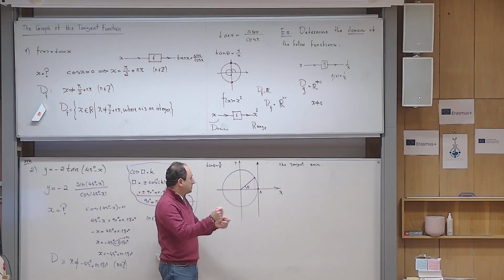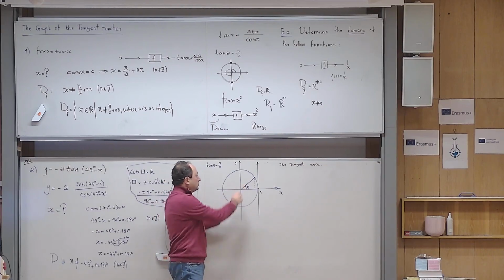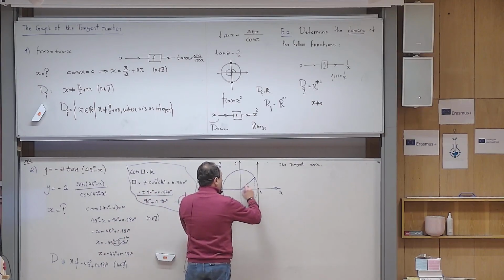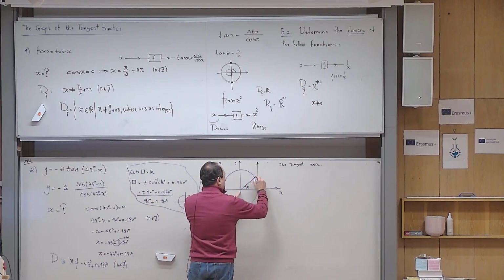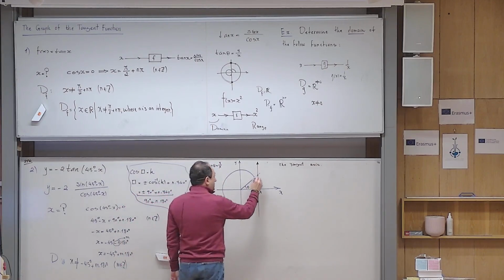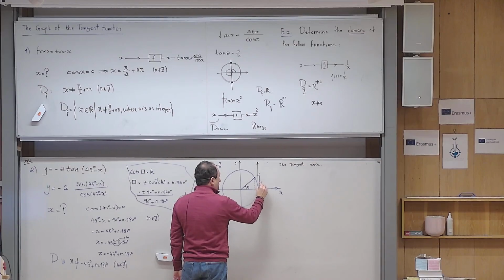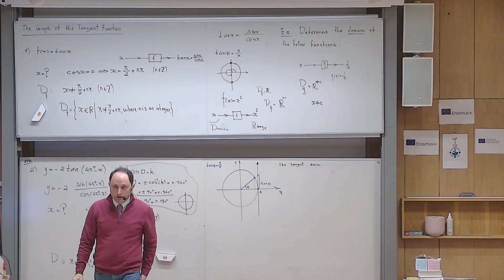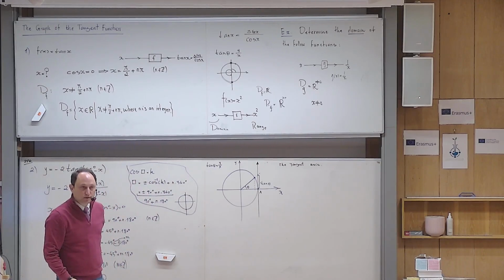But now, my claim is that if you have this black axis, you can do it more simply. Instead of using the ruler to measure two things, you can continue this line so that it intersects the black axis. My claim is that this length is tangent of theta. So this is easier for finding tangents.